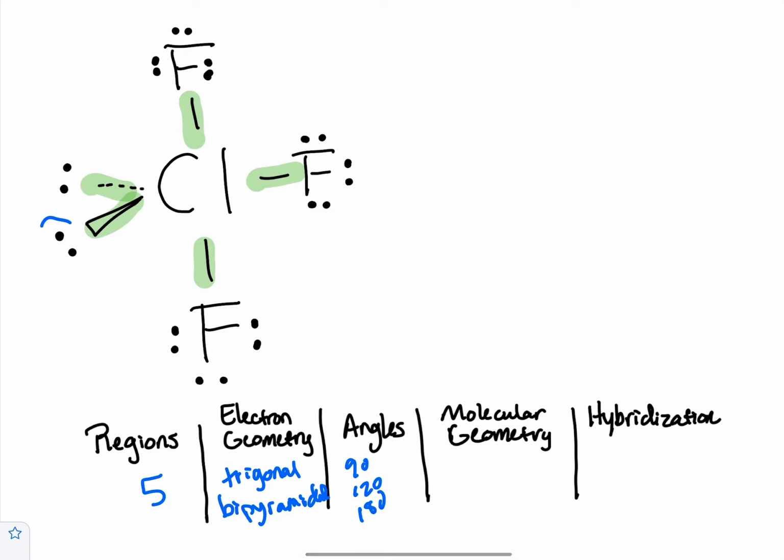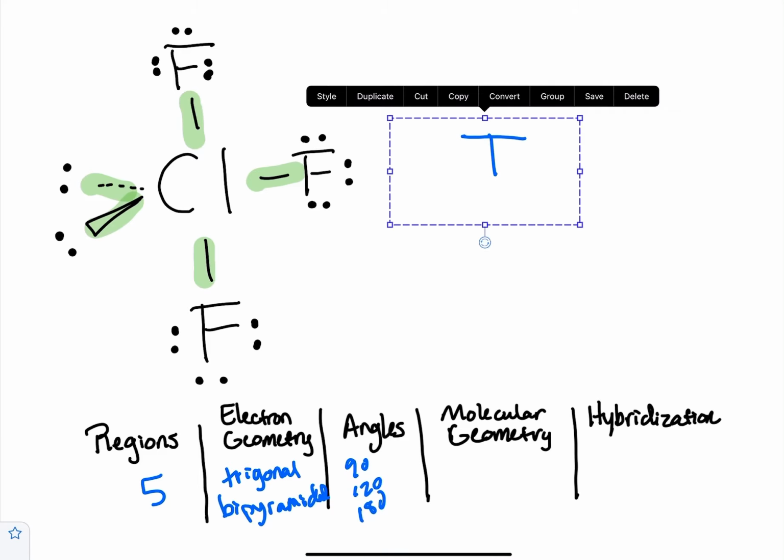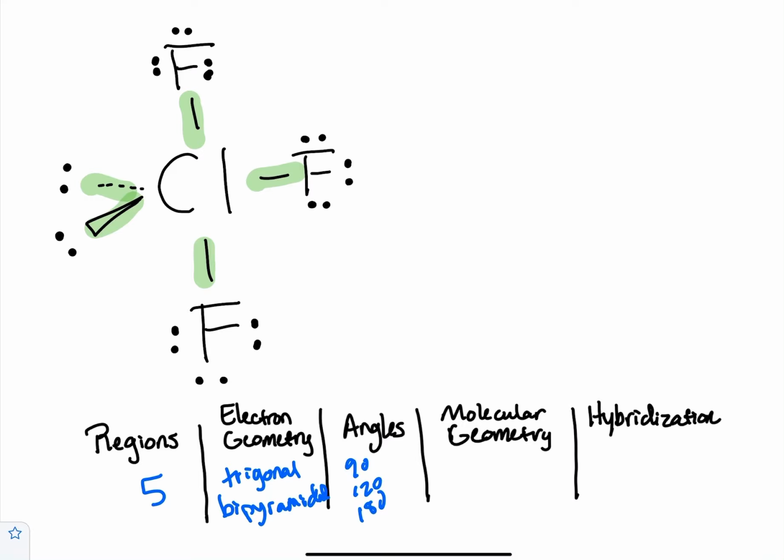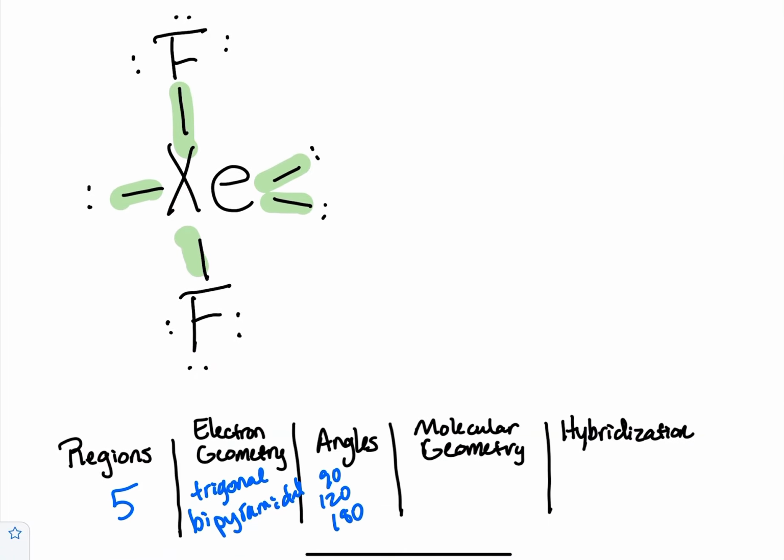Now again, I've got lone pairs off of the central atom. That's what matters. And this one looks like a letter in the alphabet if you turn it sideways. I know it doesn't look like it, but if you turn it like that, then you can see that it's a letter T. So that one is T-shaped. And now this one, sometimes folks have a hard time seeing this.